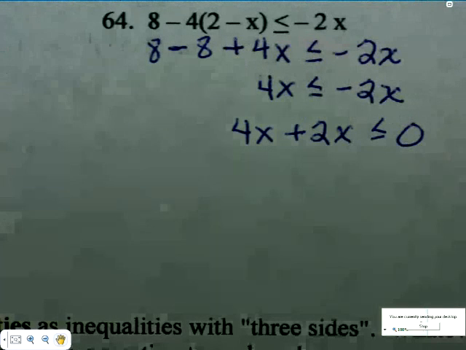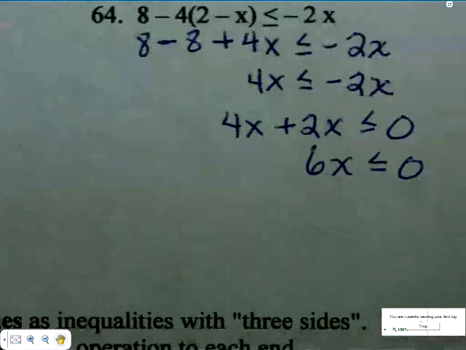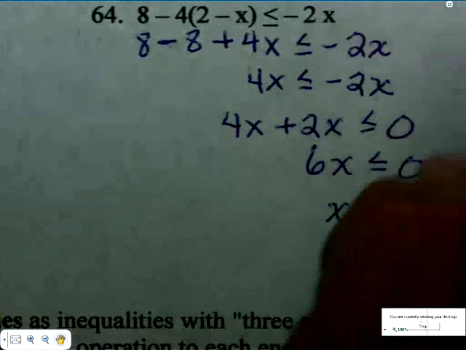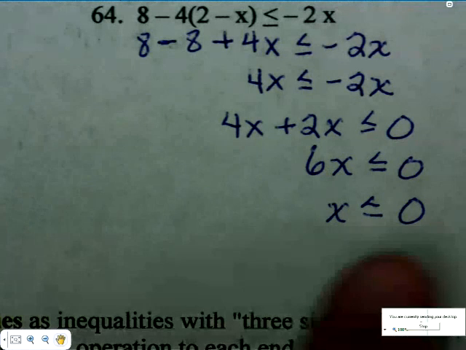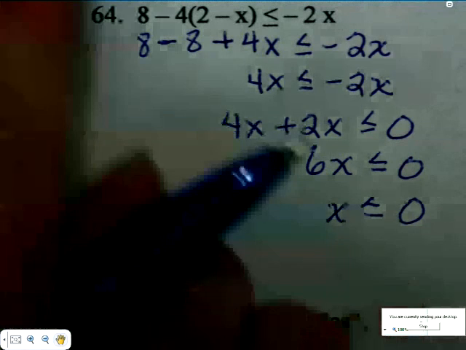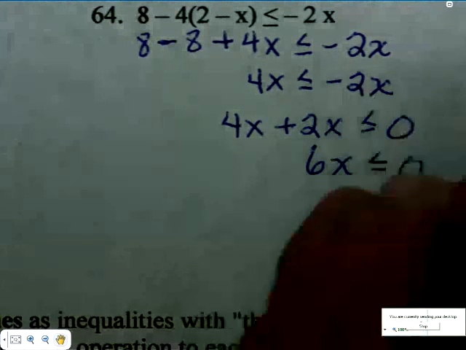If you have 6x is less than or equal to 0, what does x have to be? Less than or equal to 0. In other words, 0 and all the negative numbers would make that original inequality true. Yep. It's pointing to the left.